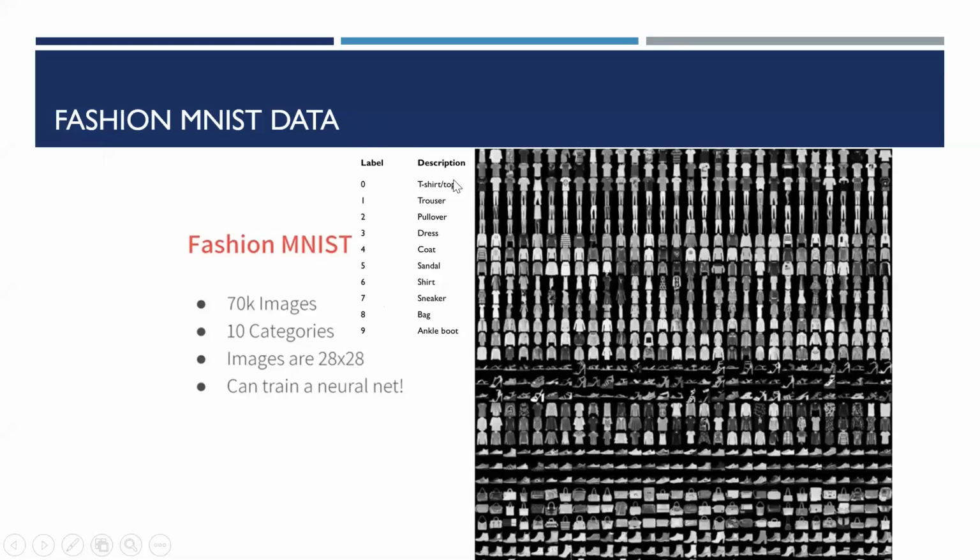If you simply used English words, there would be a limitation, because only English speaking people could understand, so we want to reduce any bias for any particular group of people. So t-shirt is 0, trouser is 1, pullover is 2, dress is 3, coat is 4, sandal is 5, shirt is 6, sneaker is 7, bag is 8, and ankle boot is 9.